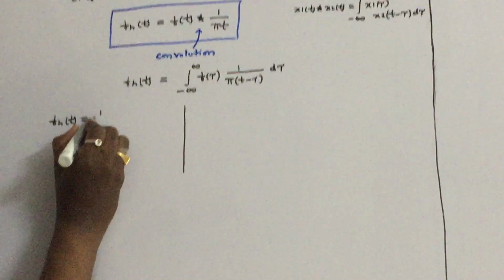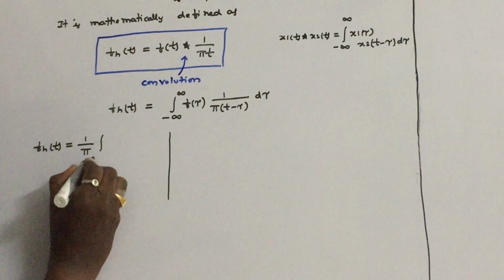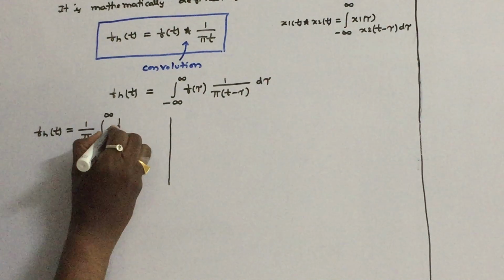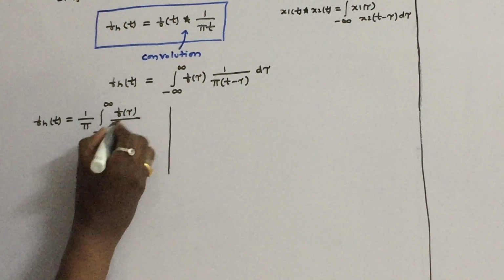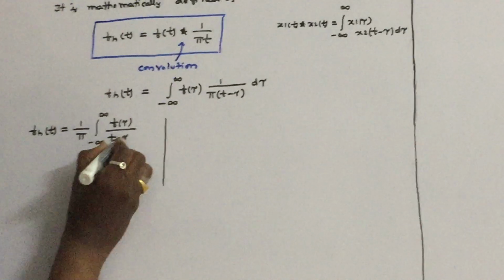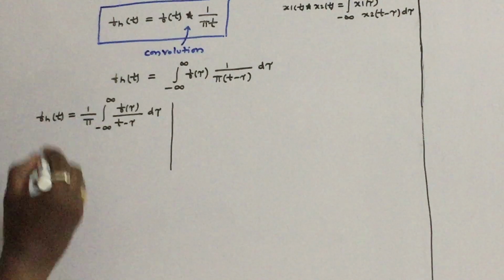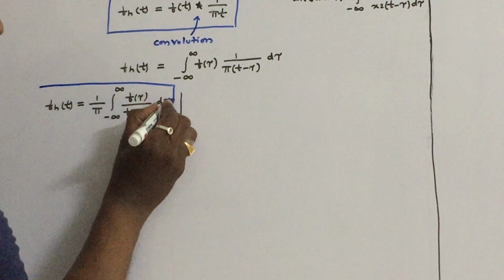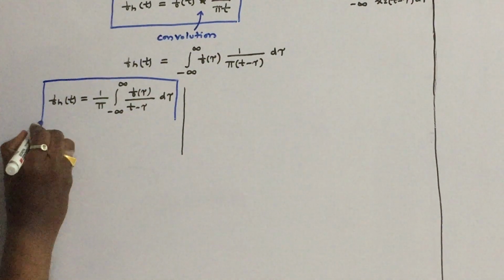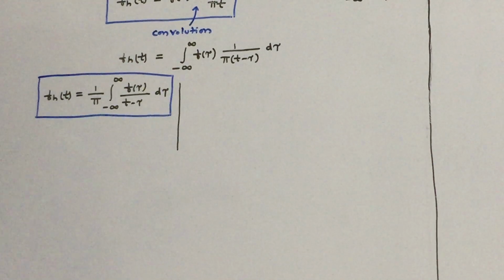Take 1 by pi outside, so 1 by pi, integral from minus infinity to infinity of f of tau by t minus tau d tau. So this is the formula of finding the Hilbert transform of f of t in time domain.